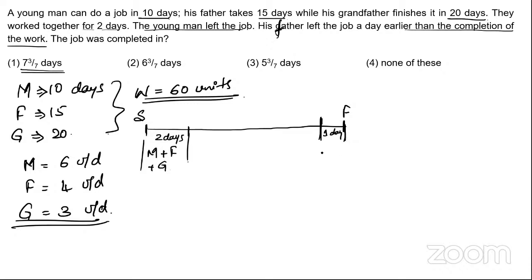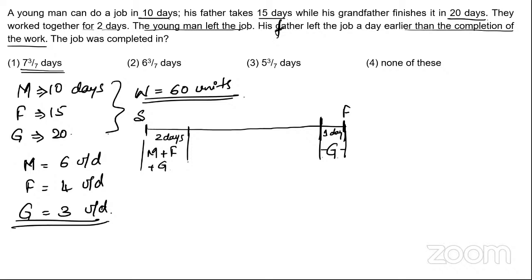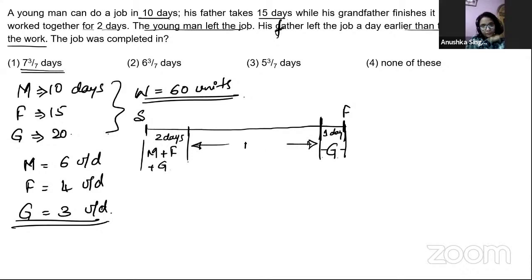Now, the father left 1 day before. So can you tell me who was working in this last day? Grandfather. The grandfather was working in the last day. All of you clear? So can you tell who was working here? Father and grandfather.